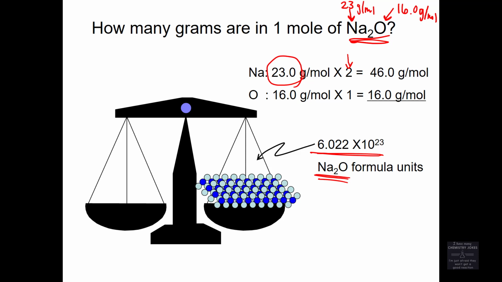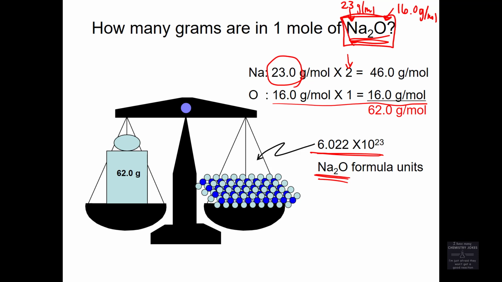And we add in our mass of oxygen, and we get a sum total of 62 grams per mole. 1 mole of sodium oxide weighs 62 grams per mole. Remember to multiply the sodium by 2 because every mole of sodium oxide has 2 of these and 1 of those. 2 sodiums, 1 oxygen.